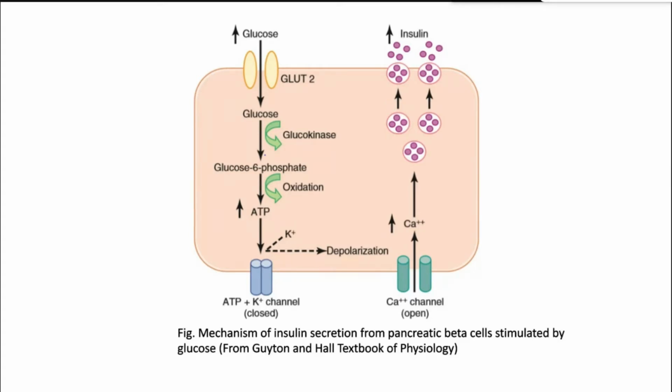Therefore, whenever there is an increase in glucose concentration, there will be an immediate increase in insulin secretion. And when these stores are mobilized, after that the rate will decrease slightly. But again, there is new synthesis of molecules, and then the secretion continues.